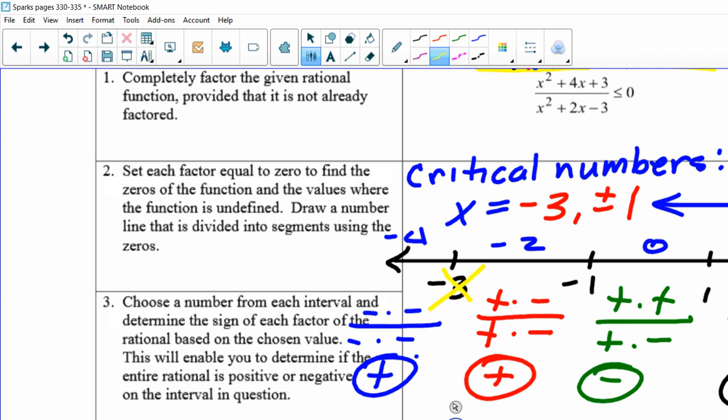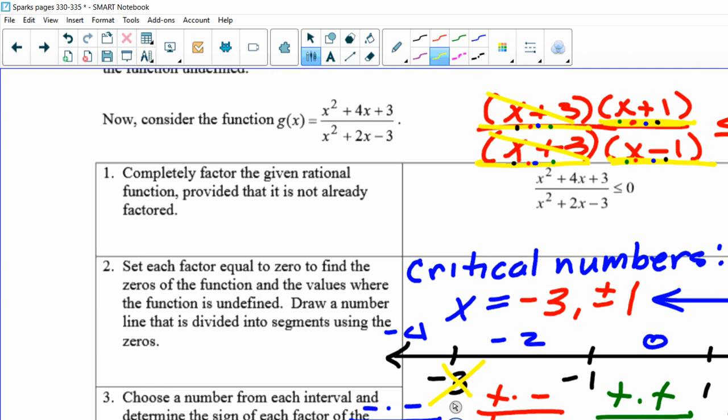Now negative 1. If x is negative 1, what's the top? 0 over negative 2. What's 0 divided by negative 2? Is 0 less than or equal to 0? Yes. Negative 1 works.